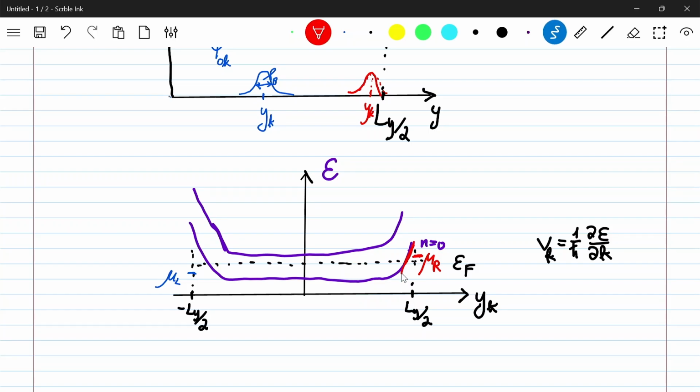So if we linearize the spectrum, here we have one slope that is determined by the local Fermi energy, and on the left you have another slope. And these velocities, if they are not equal to each other, will give me a net current in one of the directions.